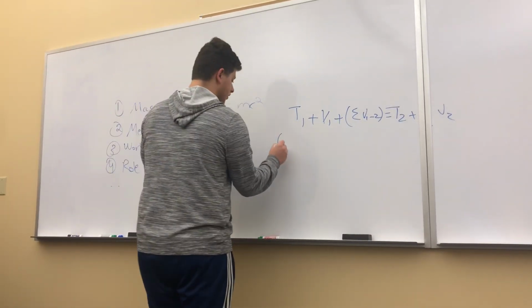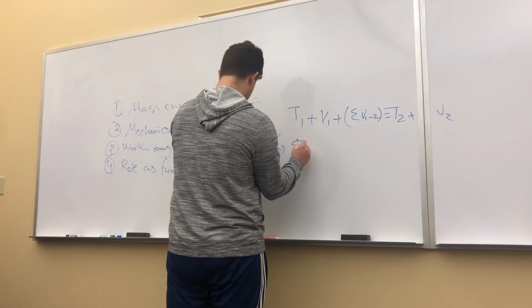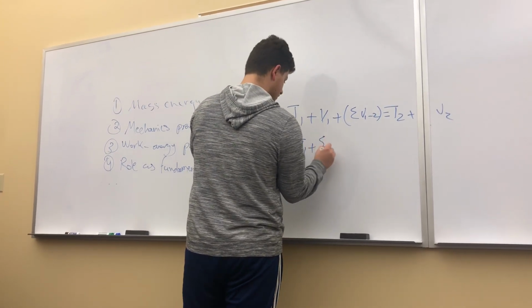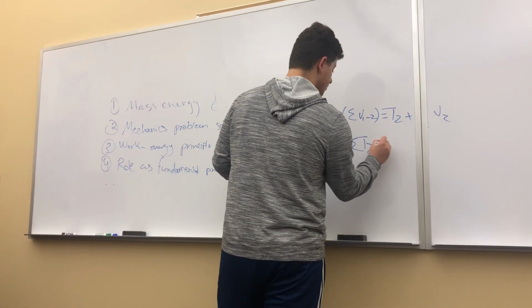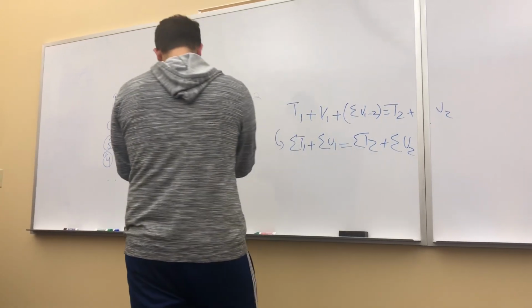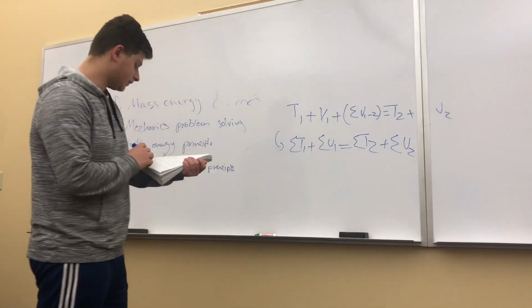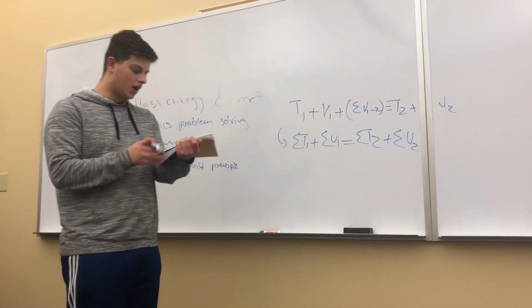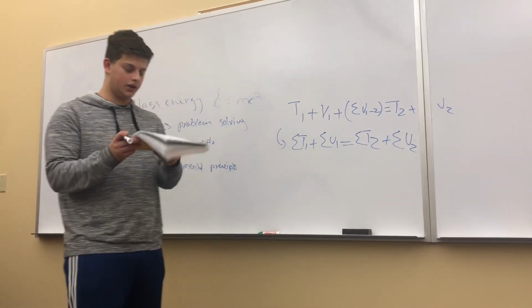We also have a similar one that we can use, which is the sum of T1 plus the sum of V1 is equal to the sum of T2 plus the sum of V2. The sum of U1-2 represents the work of the non-conservative forces acting on the particle.